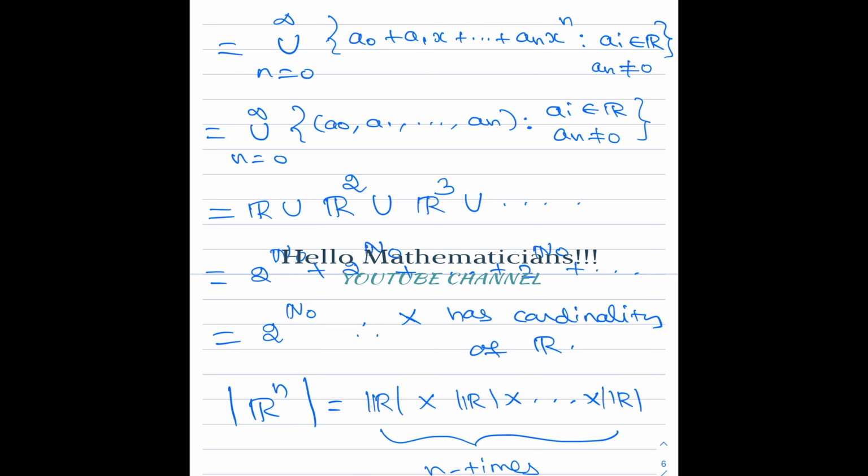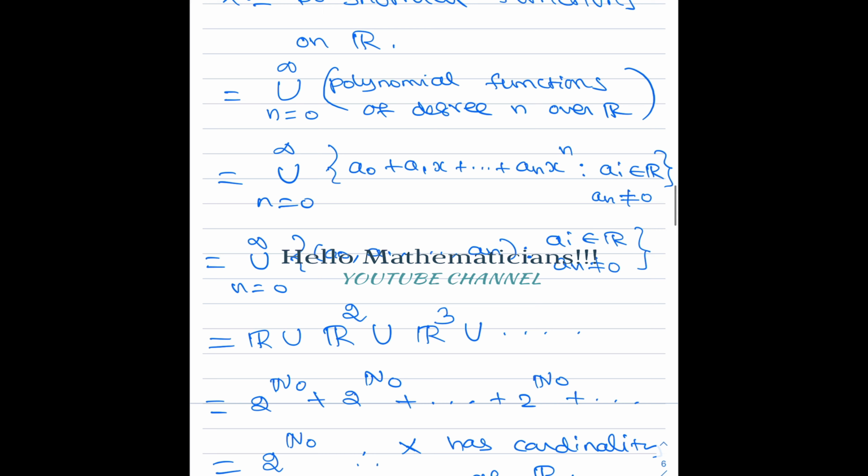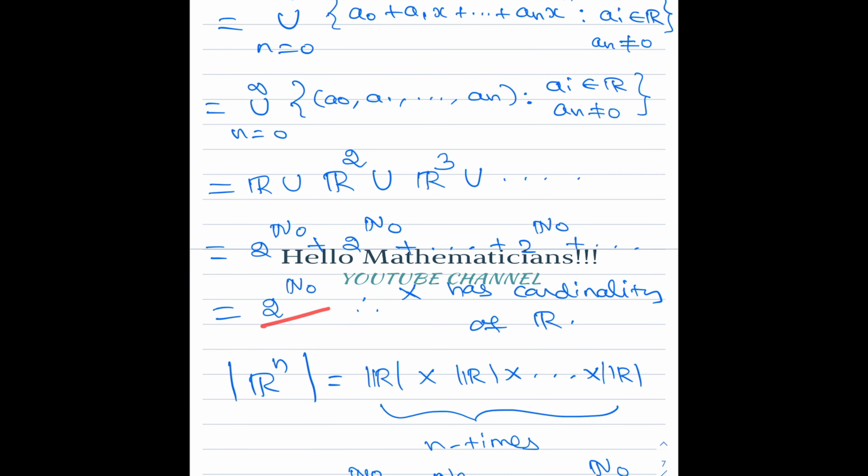Just as a countable union of countable sets is countable, a countable union of sets of cardinality 2 power aleph naught again has cardinality 2 power aleph naught. If you add it again, you get 2 power aleph naught. So what we got is that the set of all polynomial functions on R has cardinality 2 power aleph naught.